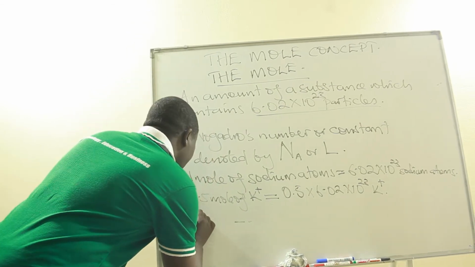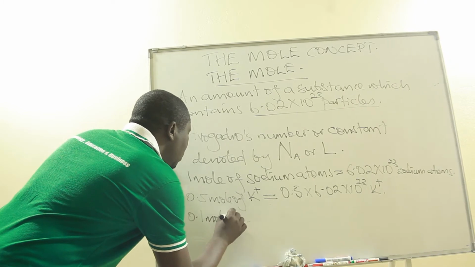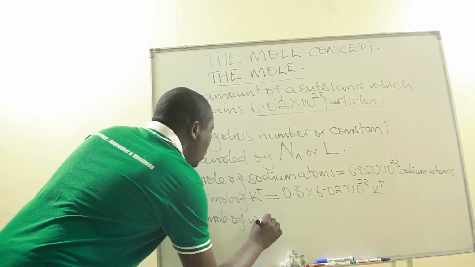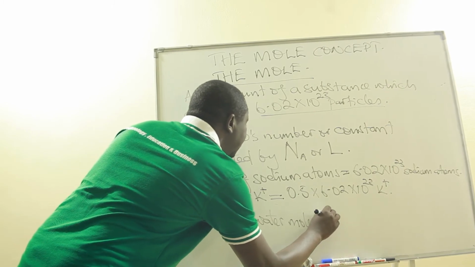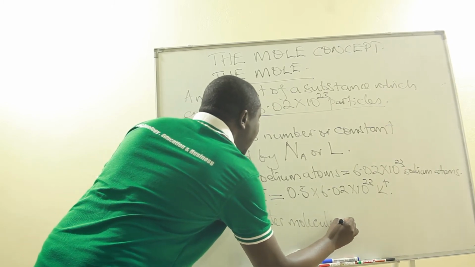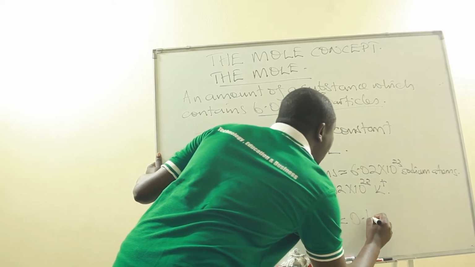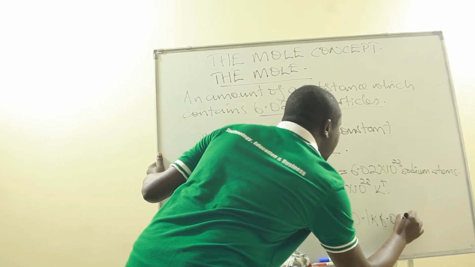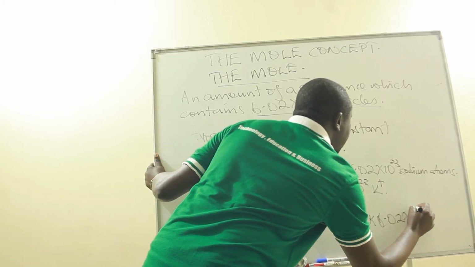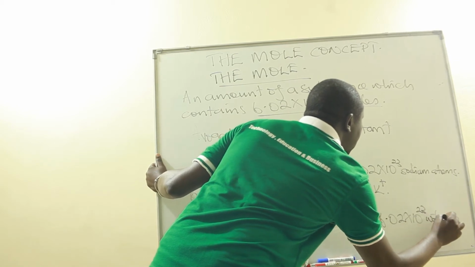When I talk of, say, 0.1 mole of water molecules, this also contains 0.1 times 6.02 times 10 raised to the power 23 water molecules.